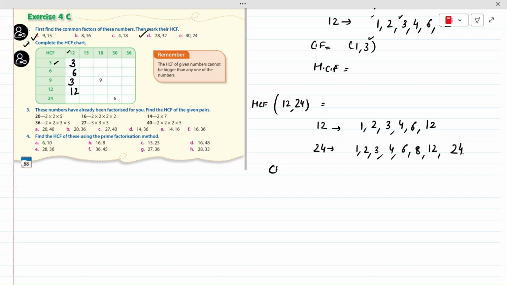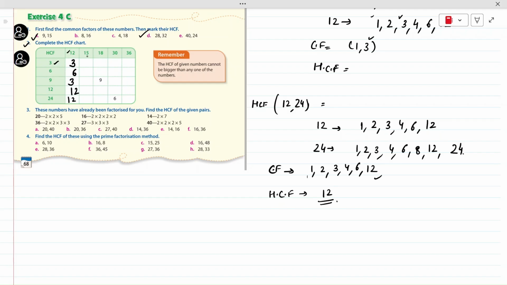So what are the common factors here? 1, 2, 3, 4, 6, and 12, right? All these are the common factors. And the highest among them is 12. So HCF is 12 here.